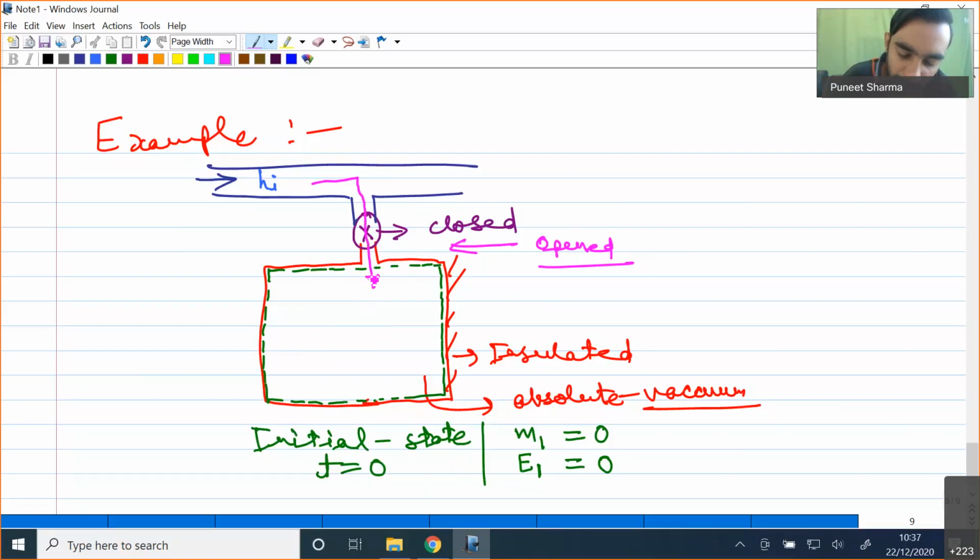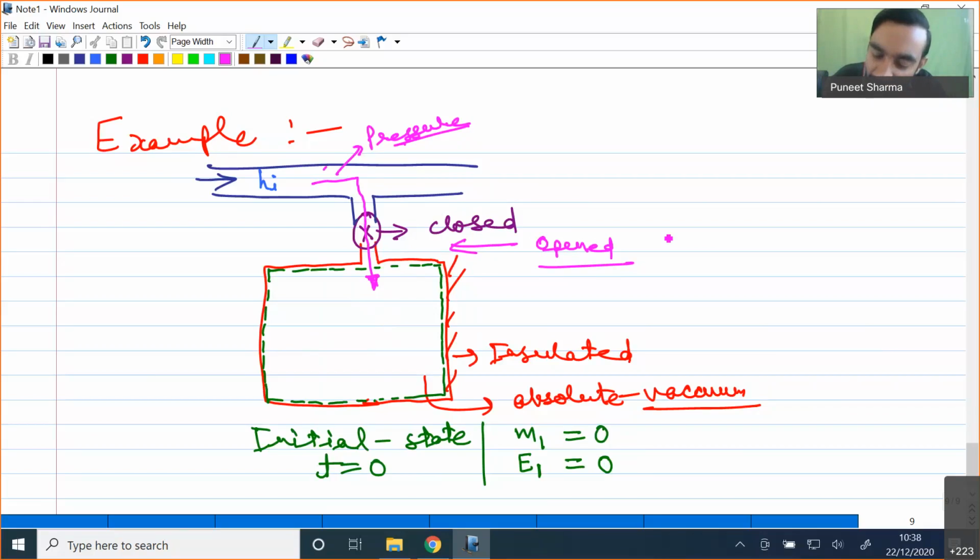And this flow of fluid into the tank will continue until the pressure inside the tank reaches that of the pressure in this pipeline. So in this line we have a certain pressure, and until the pressures here and here are the same, flow will be happening. Or another possibility is that I close this valve. Okay, so that will be my final state.